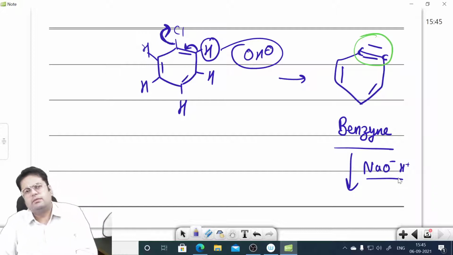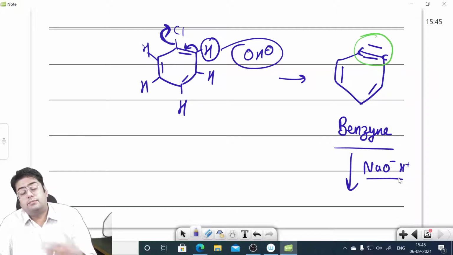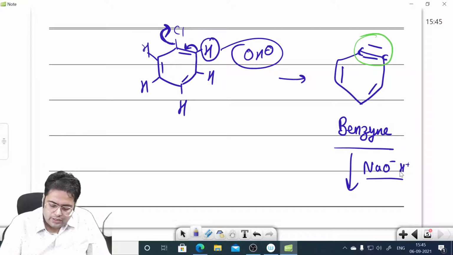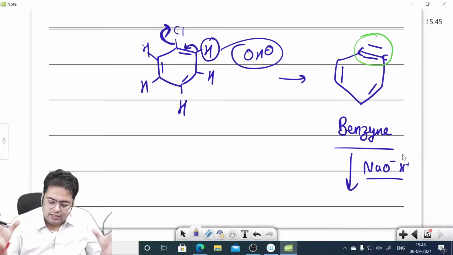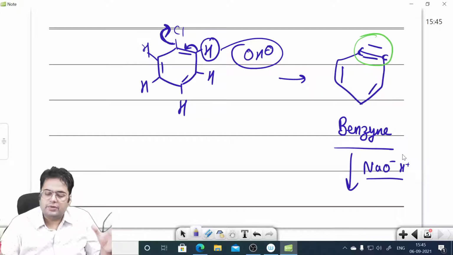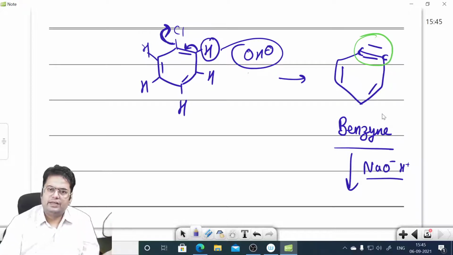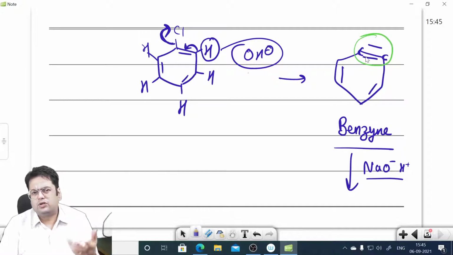This is not actually how this NaOH will get dissociated, but let's consider it like this. Somehow the mechanism is pretty different, because the water molecule will provide one H plus, and then O minus will go to hit it like this, on the pattern of this Markovnikov addition, because now an electrophilic addition will occur.